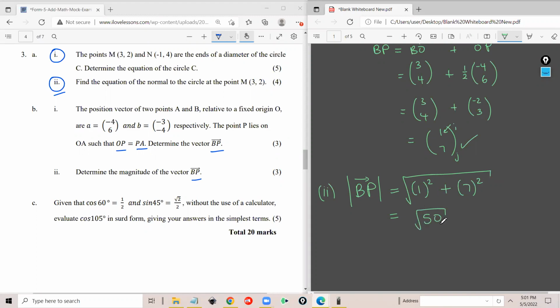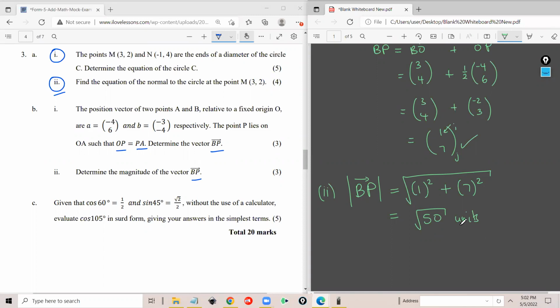My advice is you can leave it like this, and don't forget to write the word units. If you square root the 50, just try to go to 2 decimal places. But usually when there's a number that's not easily square rooted, you're supposed to leave it in surd form.